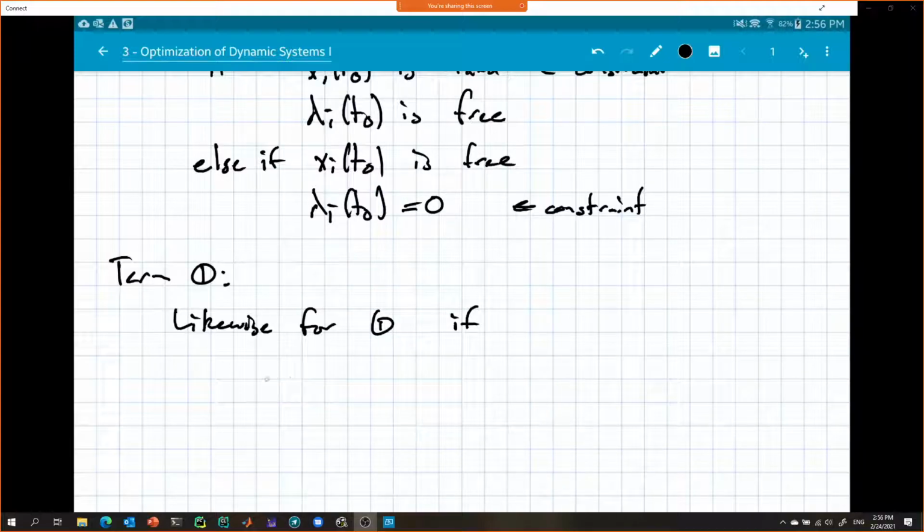So if xi is fixed, lambda is free again.